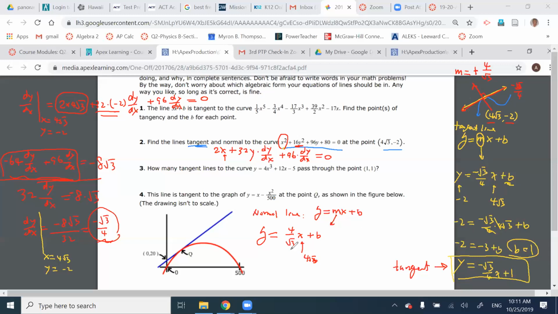And this y equals -2, right? Times 4/√3, and plus b. We cancel, right? So -2 equals 16 plus b, so b equals -18. So finally, we find y equals 4/√3 x minus 18.